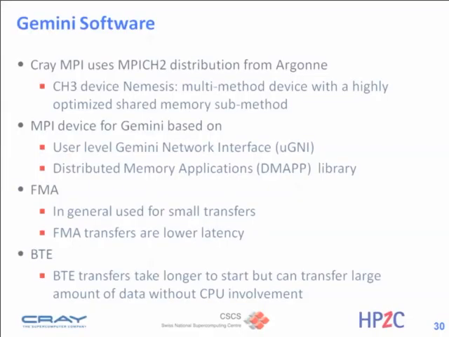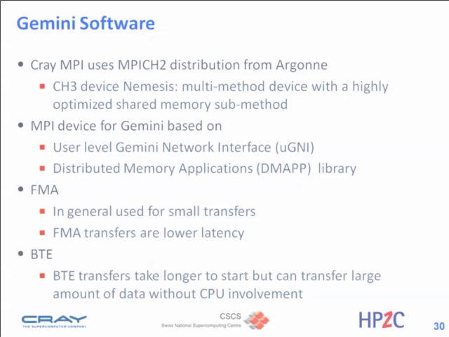We have a low-level interface, which is called uGNI. And then we have a library, which is called DMAPP, which is the library that actually implements the data transfer from remote nodes. And this is the library that's called by MPI or by Co-Array Fortran or UPC to implement the communication. This is completely transparent to you.